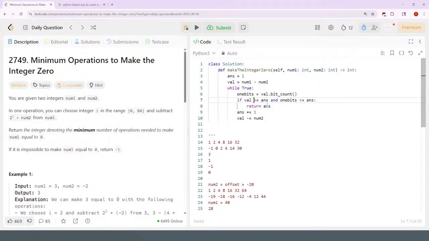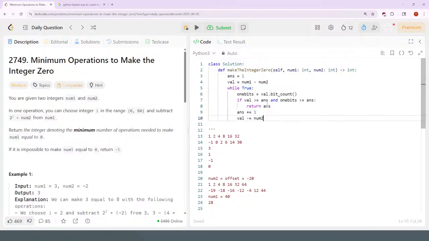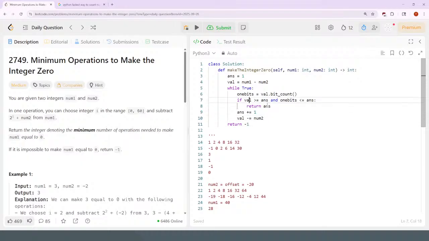The answer is now 2, if the value is at least 2, and the number of 1 bits here is less than or equal to 2. Okay, there needs to be some sort of stop here, and I return like -1 here. So what's the condition? What is the condition?